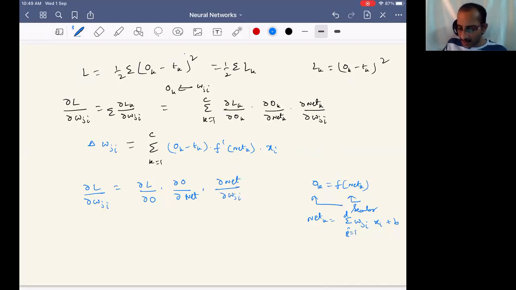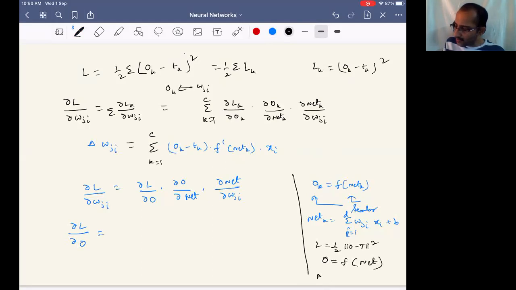Let us see the terms a little more clearly here. What is dou L by dou O? In vector form, we have L equal to norm of O minus T, and O is equal to F of net.